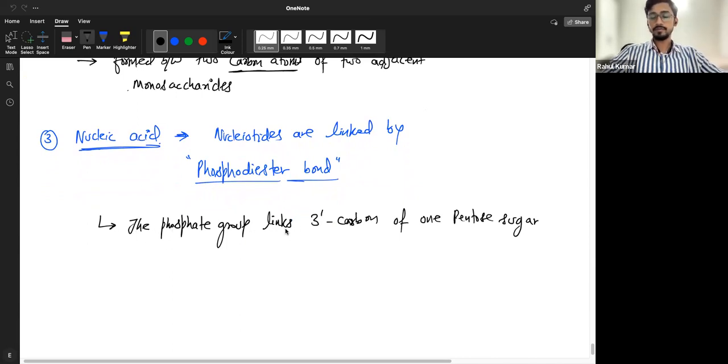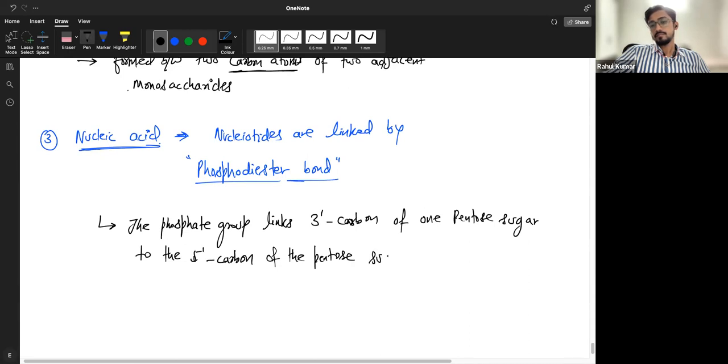The phosphate group, which is present in the nucleotide, links the 3' carbon of one pentose sugar to the 5' carbon, which means the carbon present at the 5th position, of the pentose sugar of another nucleotide.